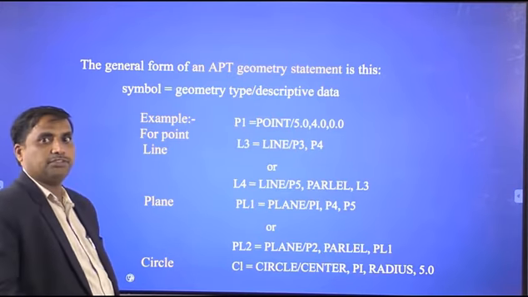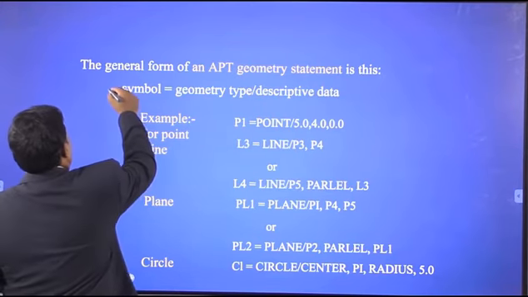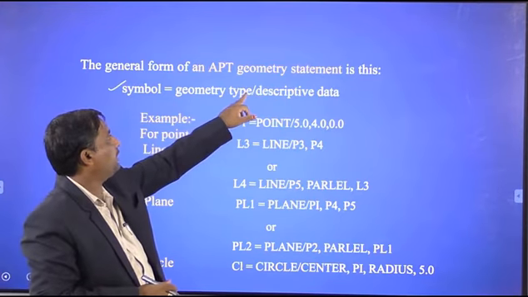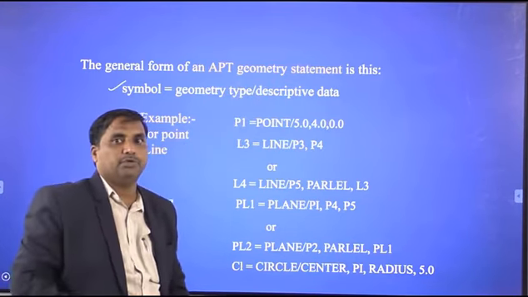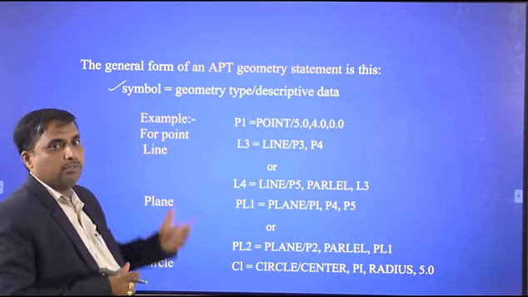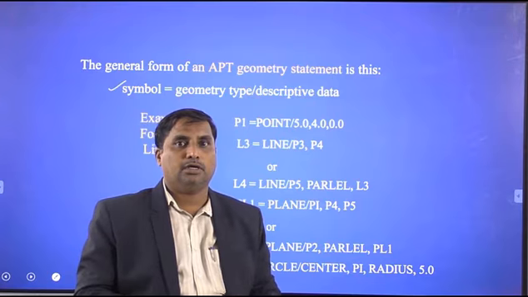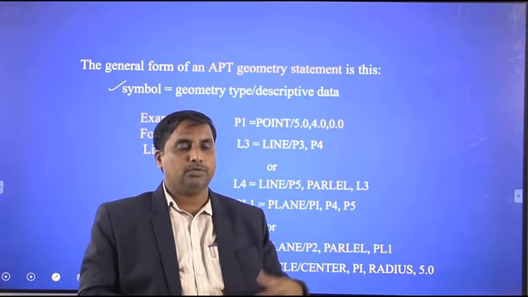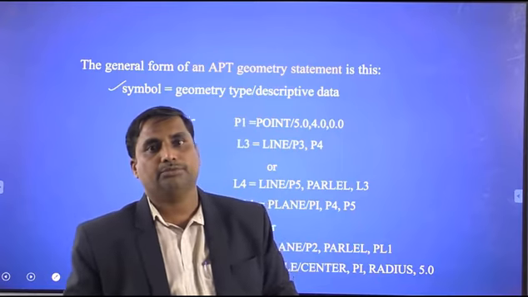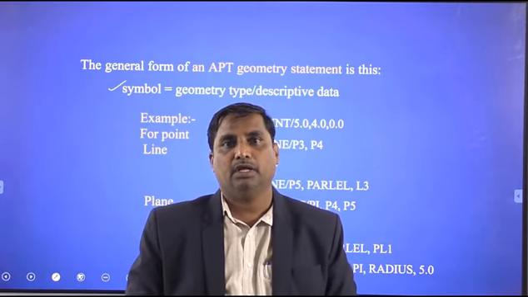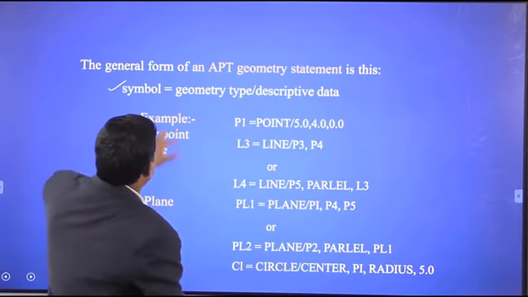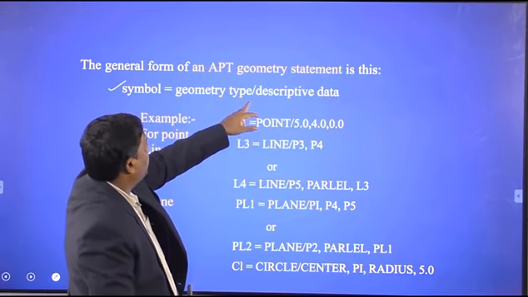So the syntax for a geometric statement is like this: symbol equal to geometry type / descriptive data. Here, symbol means, if you want to define a point, we will specify a symbol; if you want to define a line, we will specify a symbol; similarly for a plane.